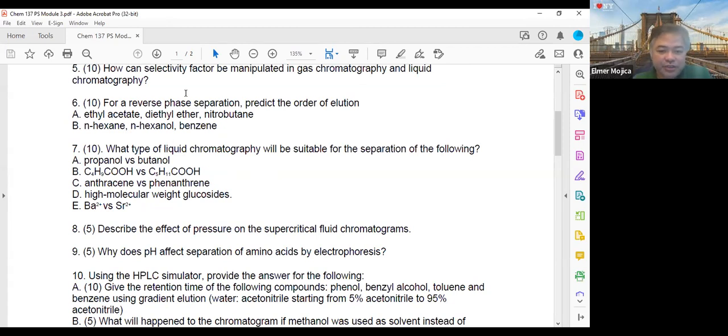Now for the third one, you could say it's adsorption, okay? Now for the high molecular weight, that could be your size exclusion. Oh no, not ion exchange, it's just size exclusion. Okay, ang ion exchange is just for the charged particle. So those are the type of liquid chromatography that you can use for this one.